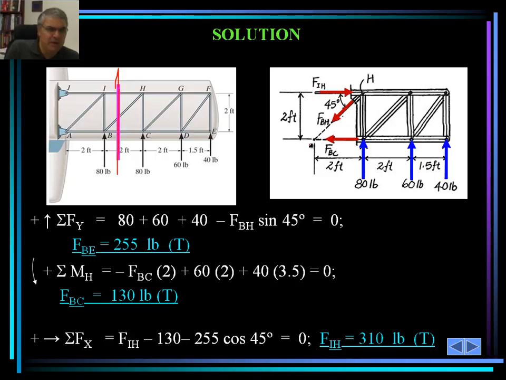We could also take the summation of moment about point B and calculate F sub IH first, and from there we could have carried on the calculation. So that is also a possibility. First here, in this case, we took the summation of forces in the Y direction.